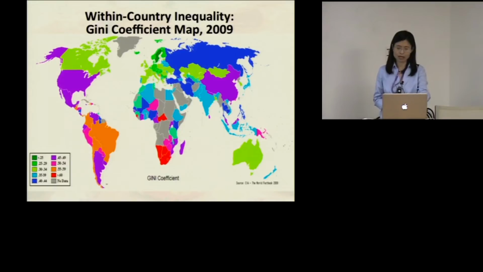Some Latin American countries like Brazil, Colombia, it's pretty consistent with the chart we saw before. And China, United States, in the purple area, have a medium level of income inequality. Just to give you an idea about how income inequality within countries is distributed around the world.